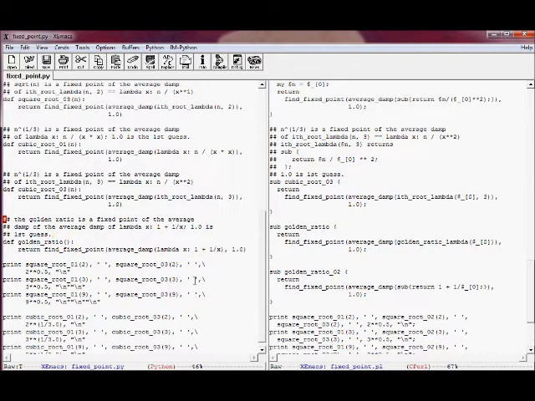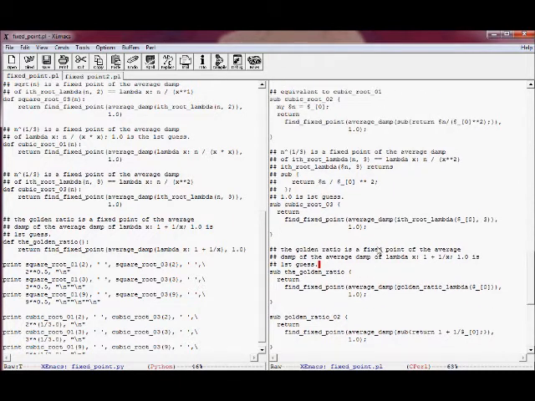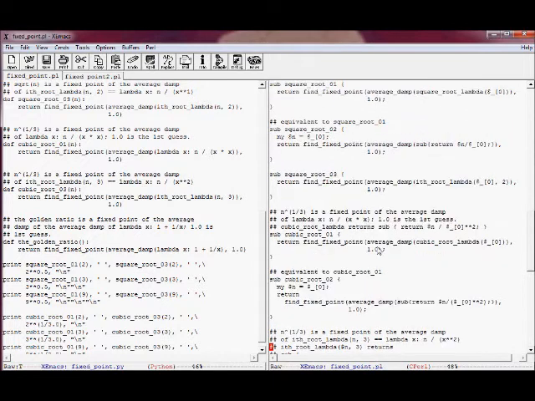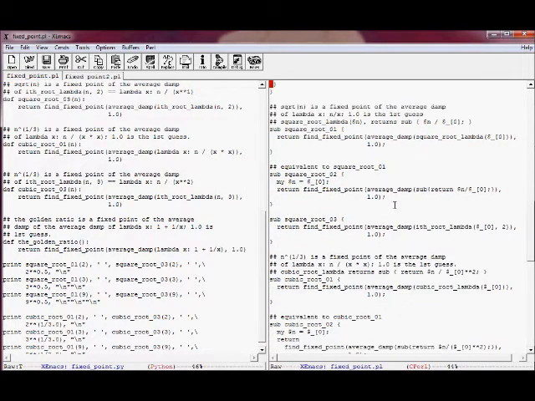Okay, so let's go to the golden ratio. Let's call it the function the golden ratio because it's a unique number. So the golden ratio is a fixed point of the average damp of lambda x: 1 plus 1 over x, with 1 being the initial guess. And the golden ratio lambda is the subroutine that returns another subroutine, which is the equivalent of lambda x: 1 plus 1 over x.